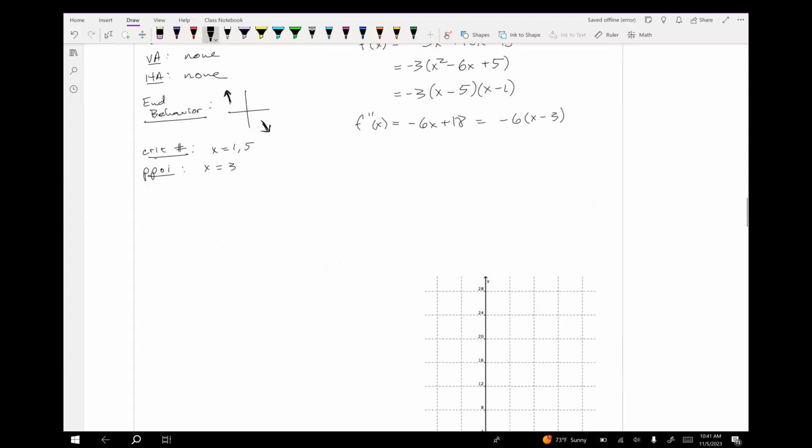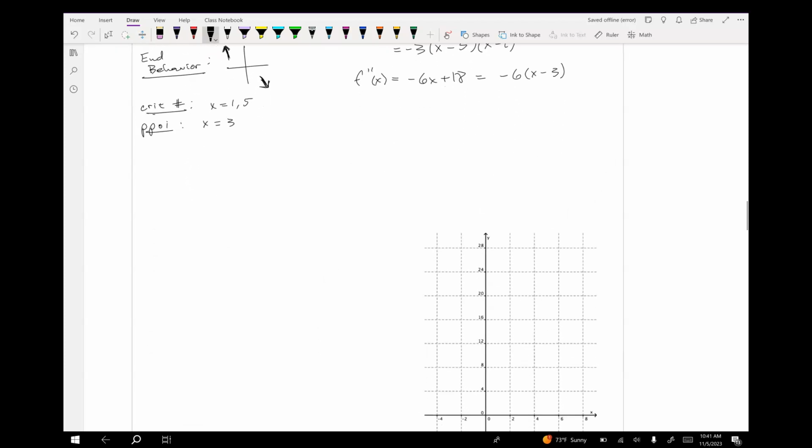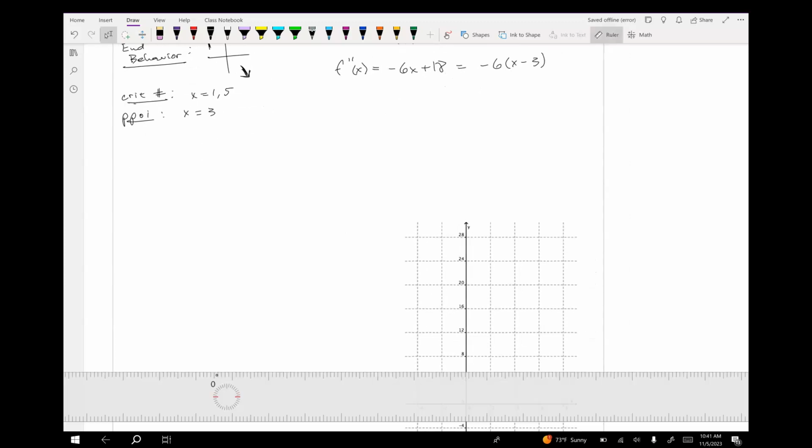All right, so now we're going to go ahead and build our table using our critical numbers and our possible points of inflection.